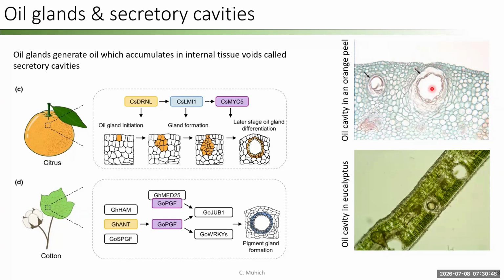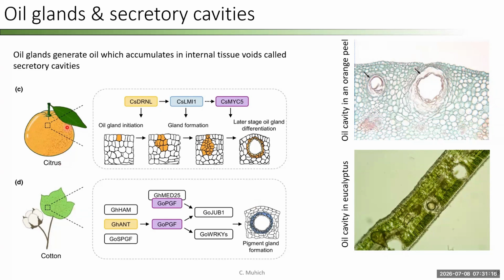And so this can exist both in places like the peels of oranges, and then also in leaves, stems, and other places. Here's an example of an oil cavity in a eucalyptus leaf. Again, you have these large structures that have formed, sort of voids where the oil is going to fill.